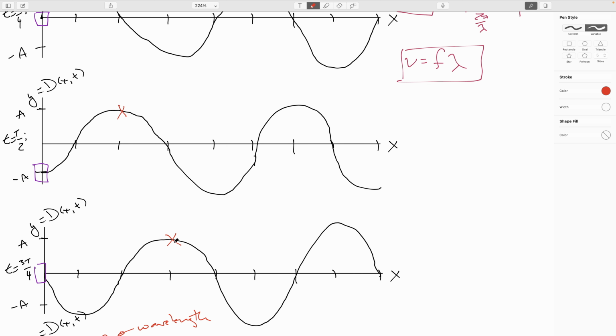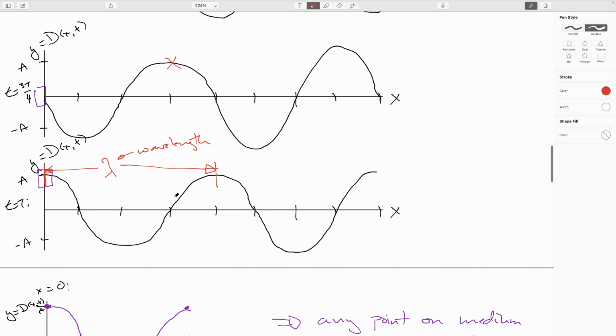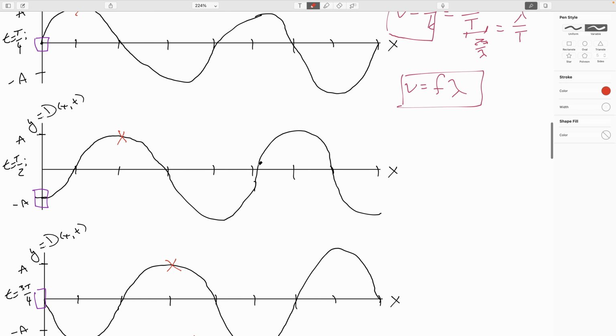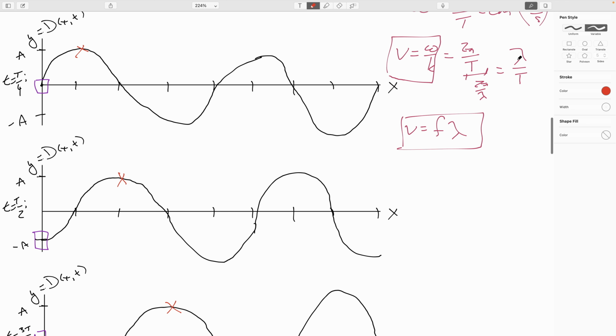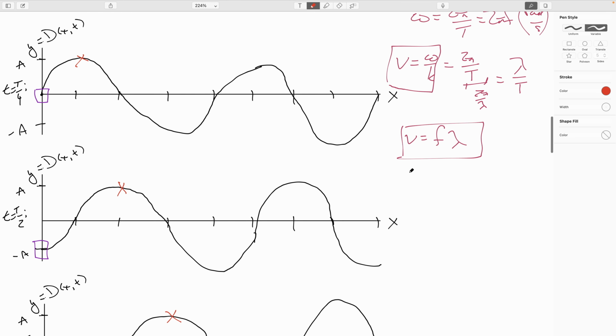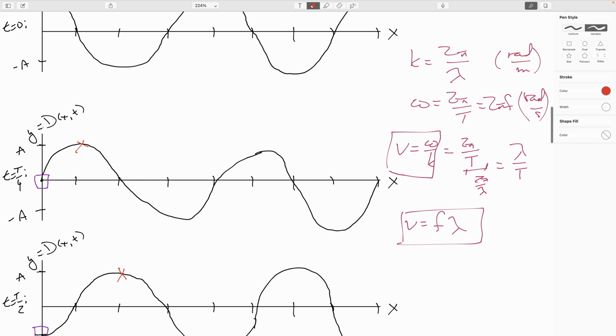And then as I continue along, after one complete period, my crest moved an entire wavelength. So I could have just as easily started by saying that the velocity is lambda over T, and then got v equals f lambda from there, which again, that's usually how we write that.